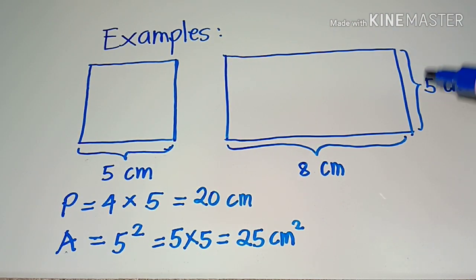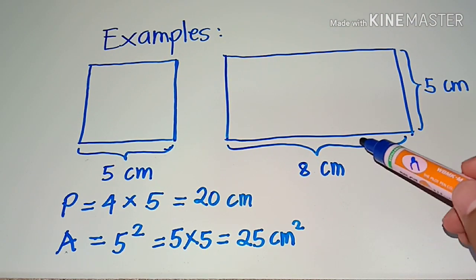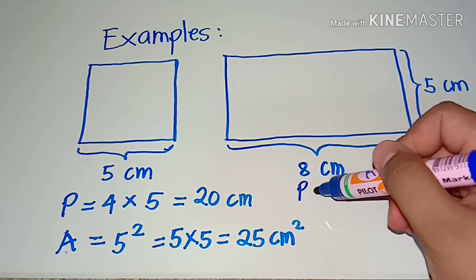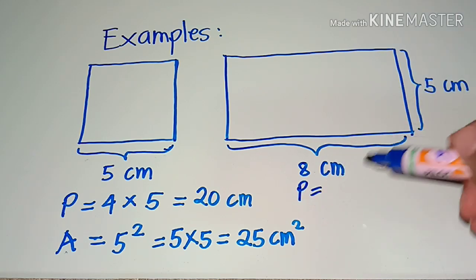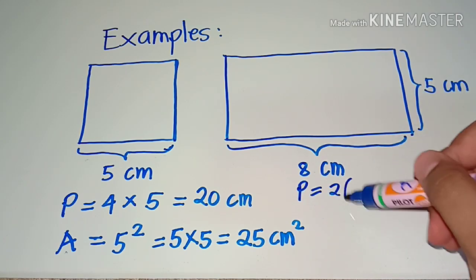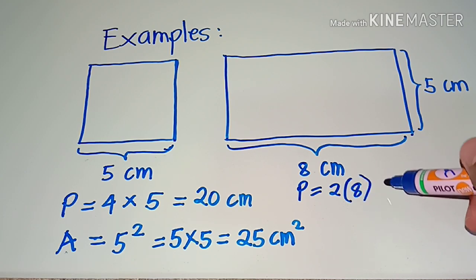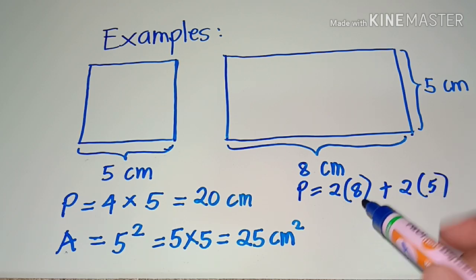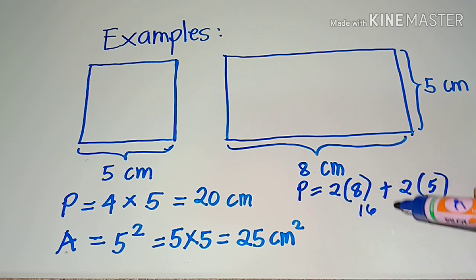So for the rectangle, we have here a rectangle with a length of 8 centimeters and a width of 5 centimeters. In getting its perimeter, you just double the length, so 2 times 8, plus you double the width, which is 5. So 2 times 8 is 16, plus 2 times 5 is 10.